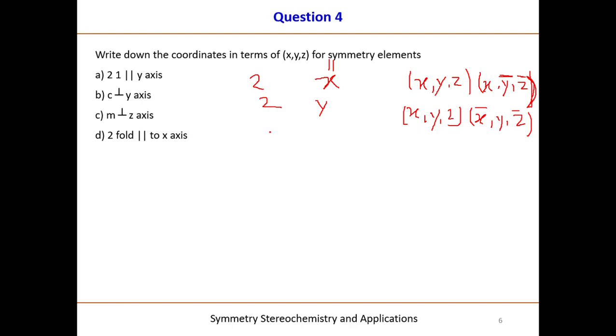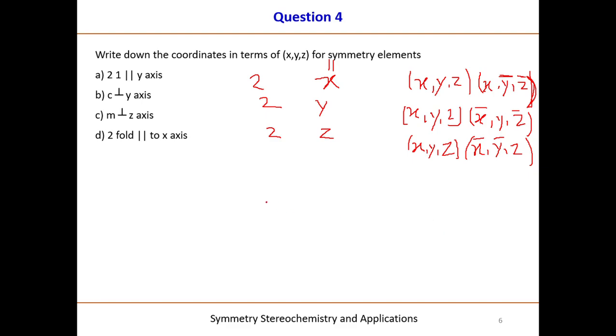Similarly, if we have a twofold axis parallel to the z axis, then we will write x, y, z and the equivalent x bar, y bar and z.